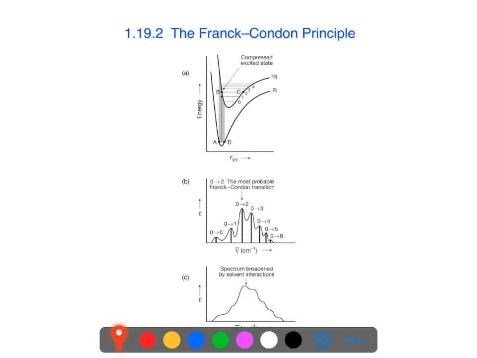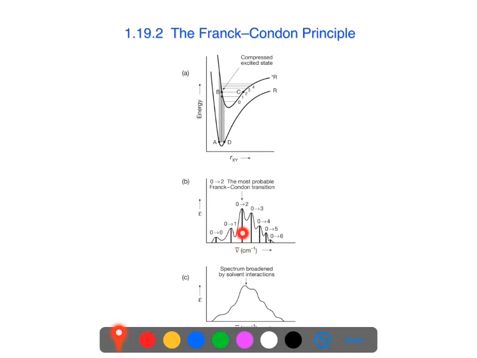And in this example, similar to what we saw for case B, the excited state minima is slightly shifted with respect to the ground state minima. As a result, we would expect that the greatest overlap occurs between the 0th vibrational level of the ground state and the 1st or 2nd vibrational level of the excited state. In this example, the most intense transition will be between the 0th and the 2nd level of the excited state minima.